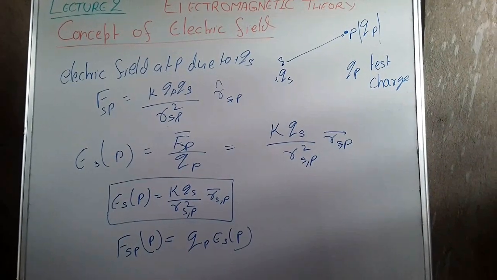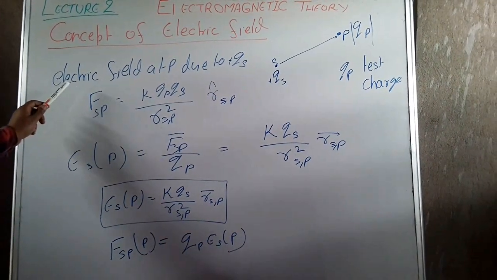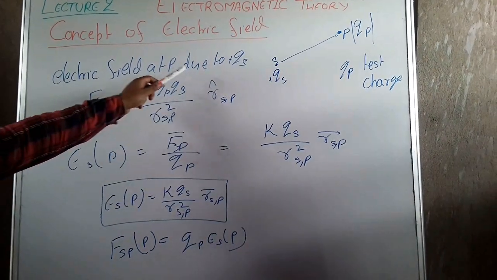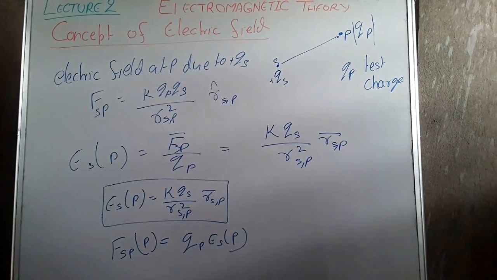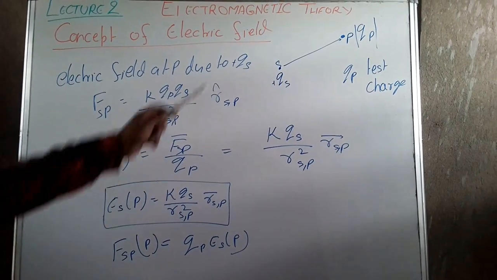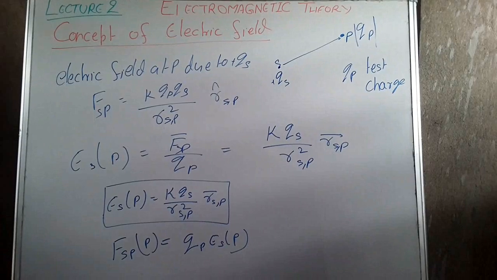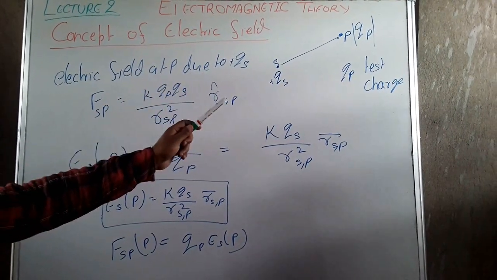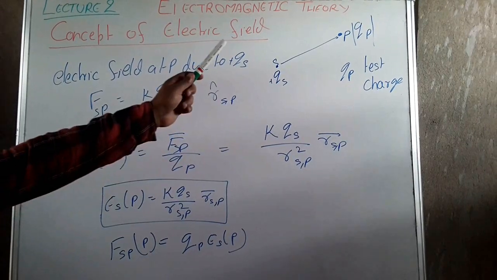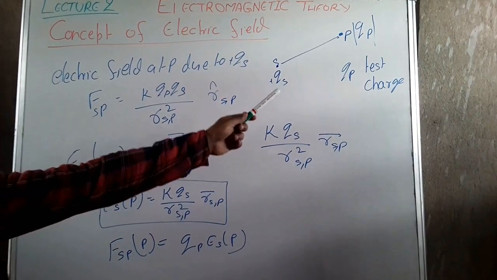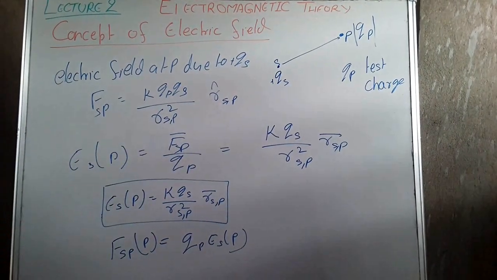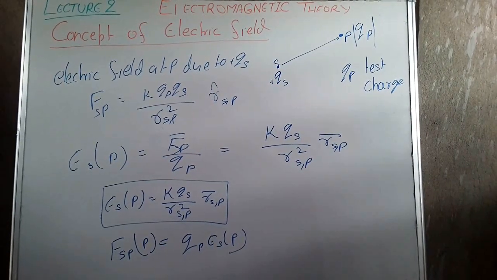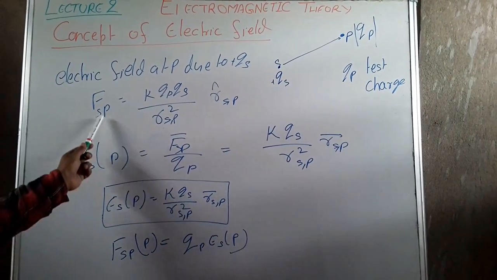Now there is the concept of electric field. We have to find the electric field at P due to the point charge Qs. How will we derive the electric field at point P due to Qs? First of all, we place a hypothetical charge, or test charge, at P, Qp. Qp is the test charge, and we know that between two charges there is a Coulomb force.